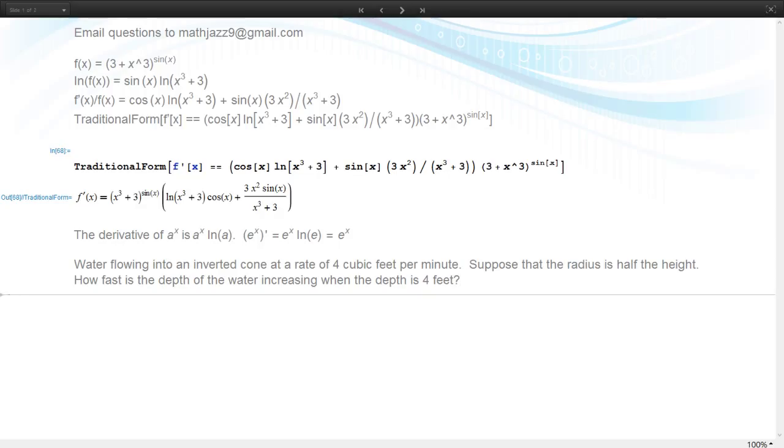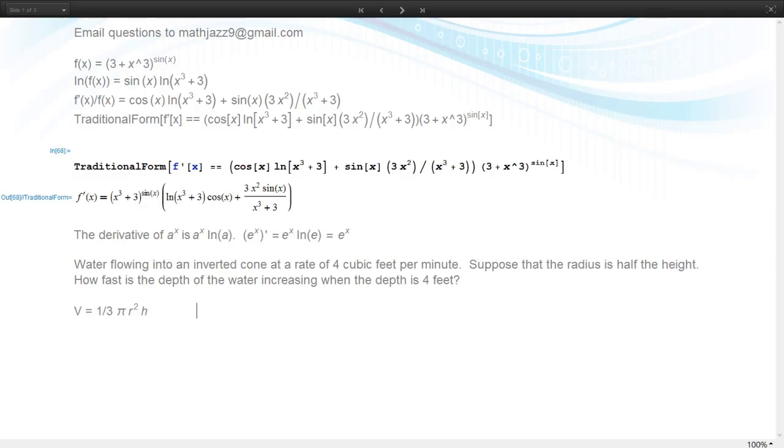So the first thing to remember is that the volume of a cone is equal to 1/3 times pi times the radius squared times the height. Now, one thing we're told is that the radius equals half the height. And we also know that we're looking for the height, or at least the speed at which the height is changing.